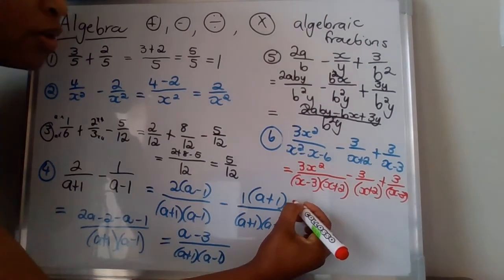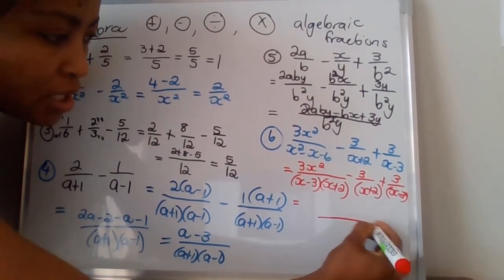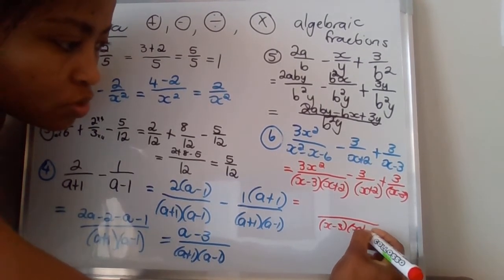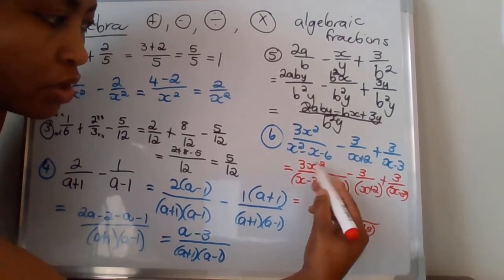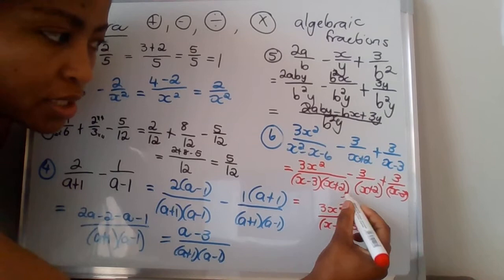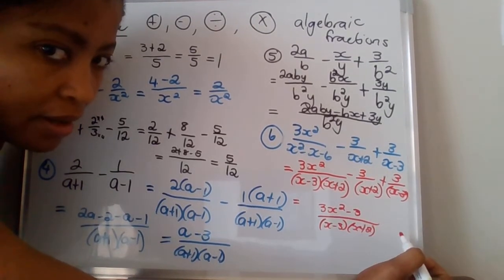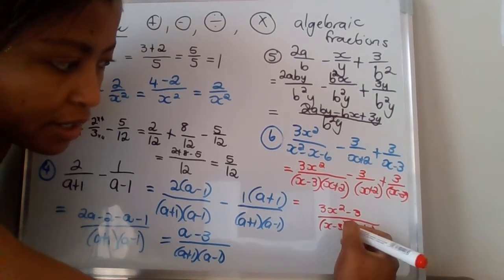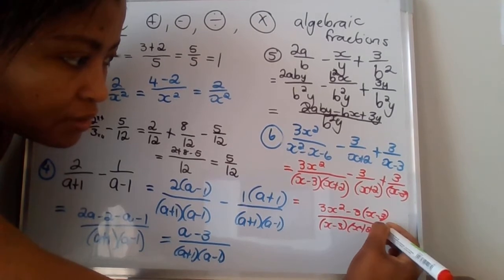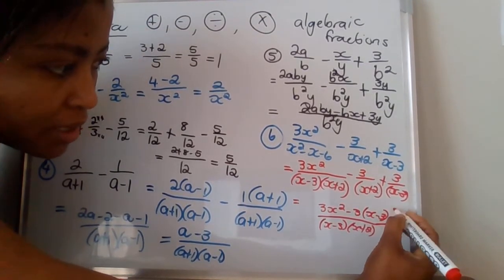So therefore I have at the top here, my denominator is the same. It's x minus 3 times x plus 2. Okay, so this part remains the same because it has both the terms here. So this one here, this minus 3, what do I need to multiply it by? I need to multiply it by x minus 3. Okay, so x minus 3. And this one here, what do I need to multiply it by?